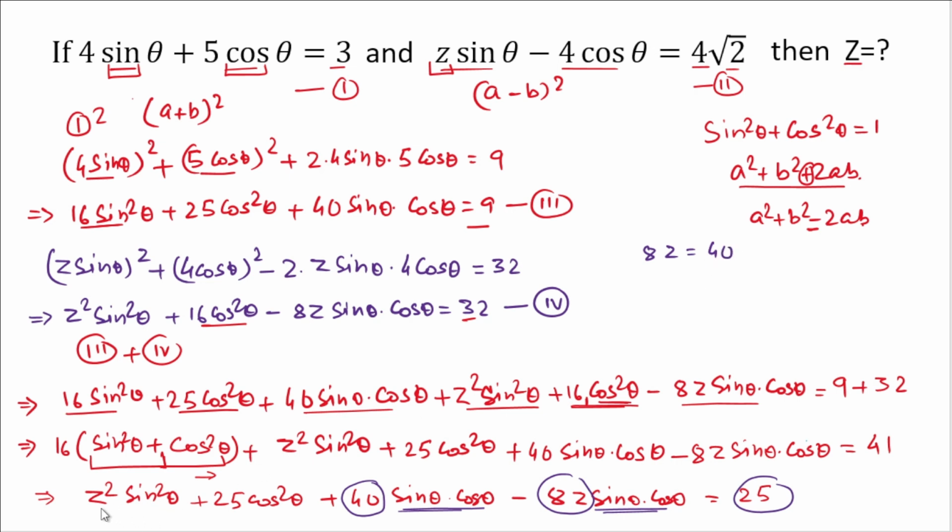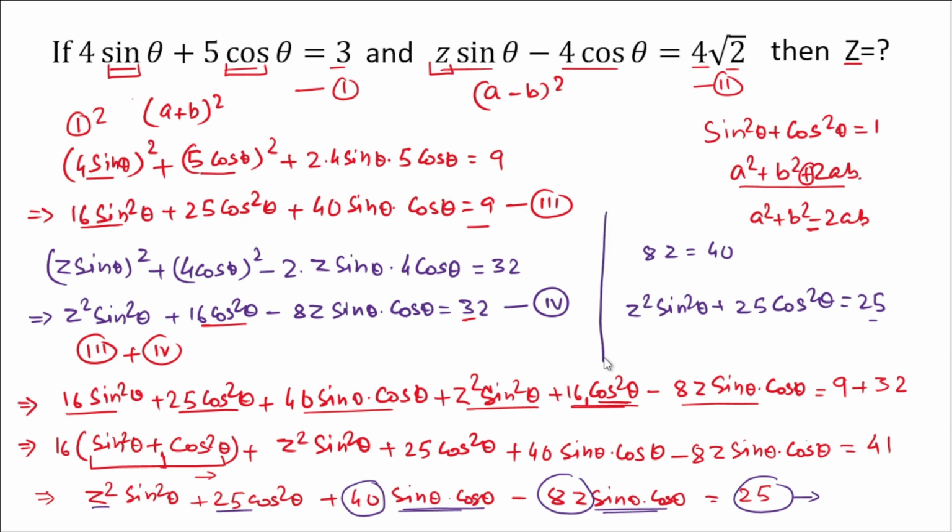Similarly, z square sine square theta plus 25 cos square theta should be 25. Then our equation will be complete.